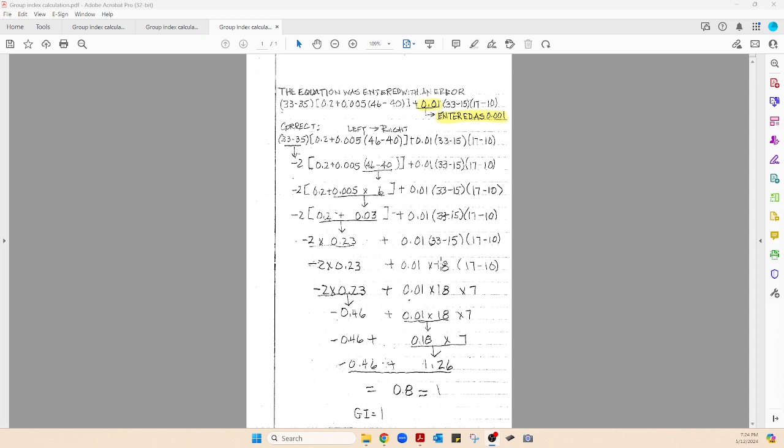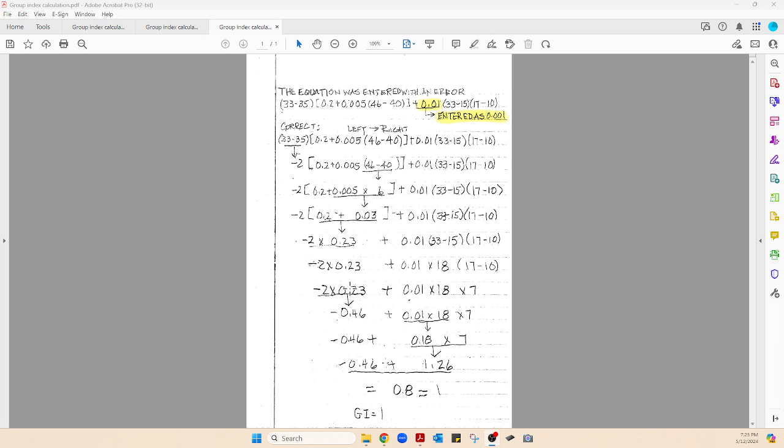So we got rid of those parentheses, we're rid of the brackets, we're down to the 2 times 0.23 plus the same 0.01 times this in parentheses, remove the parentheses, it's 18, and I've still left the parentheses here, so that would be times 17 minus 10, but we're not there yet.